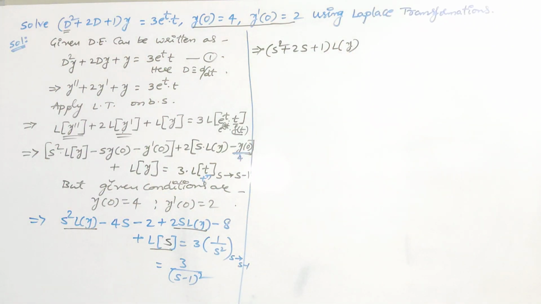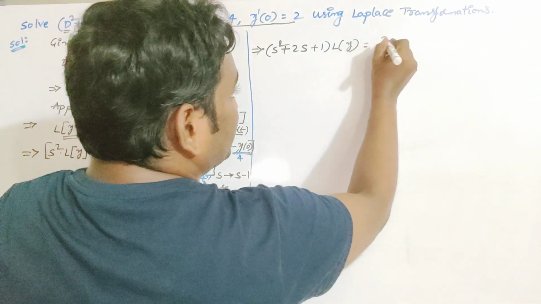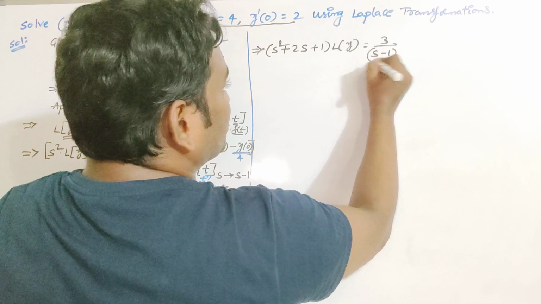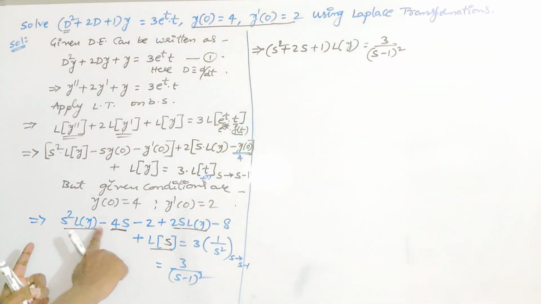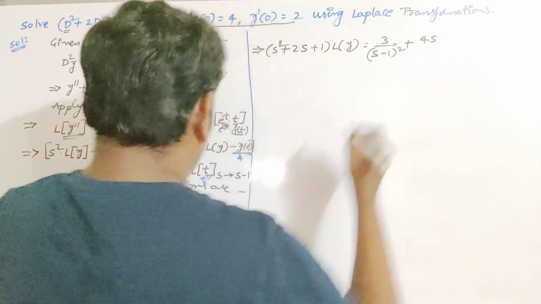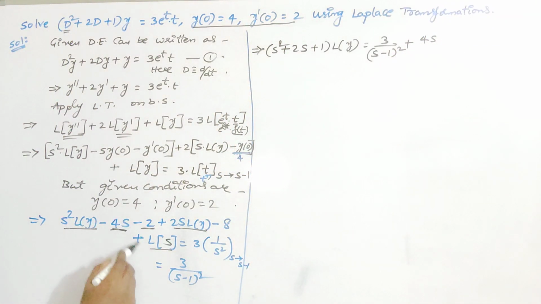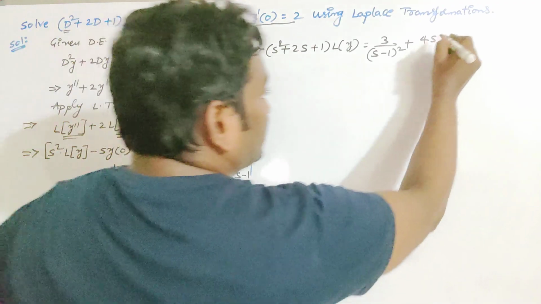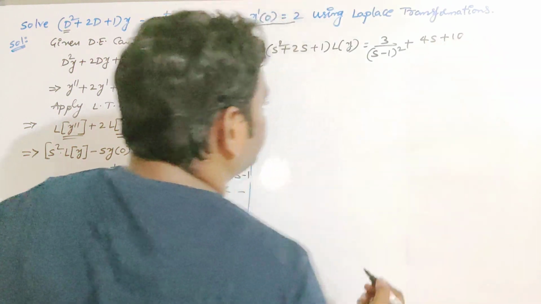What about the remaining terms? Take this negative 4s to the right side. Already on the right side we have 3 by (s minus 1) whole square. First write that term. If you take negative 4s to the right side, you will get positive 4s. And here we observe that it is minus 2 and minus 8, it would be minus 10, so it becomes positive 10.